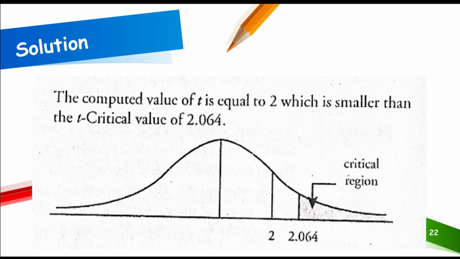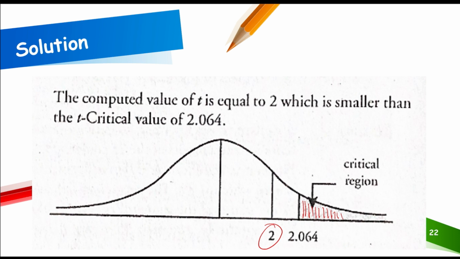Okay. The computed value of t is equal to 2, which is smaller than the t critical value of 2.064. Our critical region is to the right of 2.064. The computed t-score is 2.